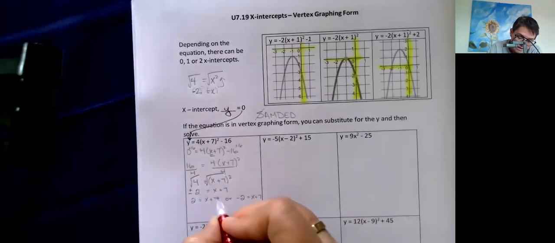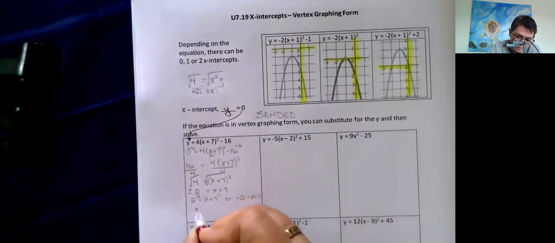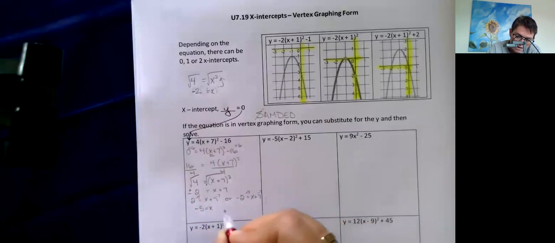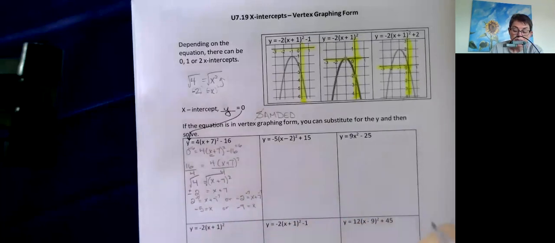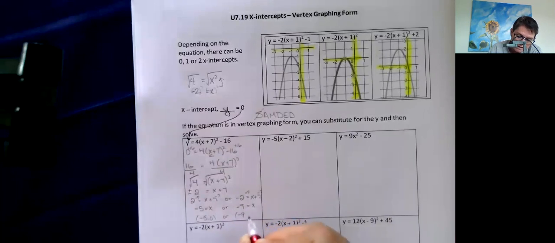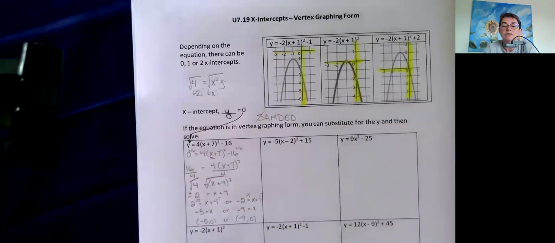So we subtract 7 here, subtract 7 there. 2 minus 7 is minus 5, so x is equal to minus 5, or minus 2 minus 7 more is minus 9, so x is equal to minus 9. So my x-intercepts are going to be (minus 5, 0) and (minus 9, 0). That's how you can get, in a question like this one, the 2 roots.